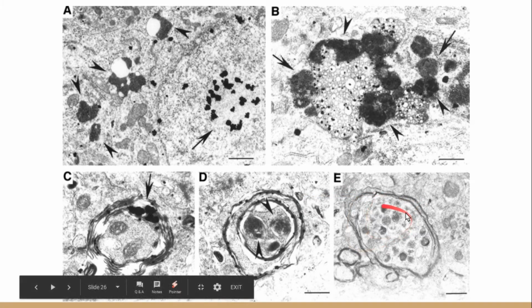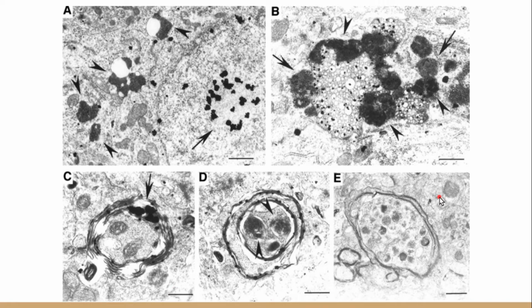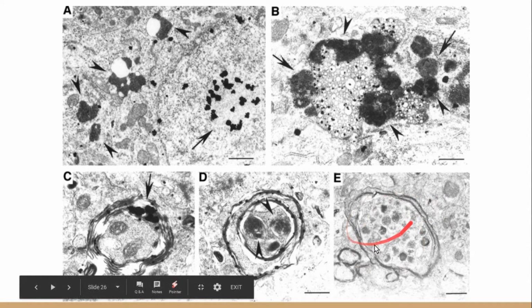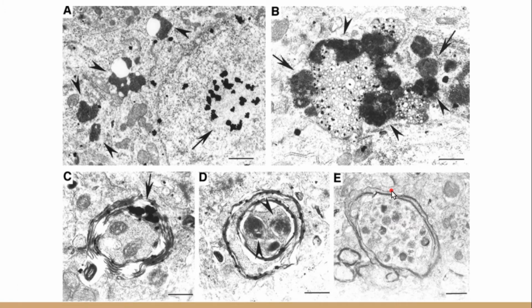Panel E is a different image from the R62 mouse model. And strangely, the authors of this paper did not find overt degeneration of the axon in the R62 mouse model. In fact, this particular paper was examining differences between the subcellular pathology of the Q150 mice and the R62 mice.